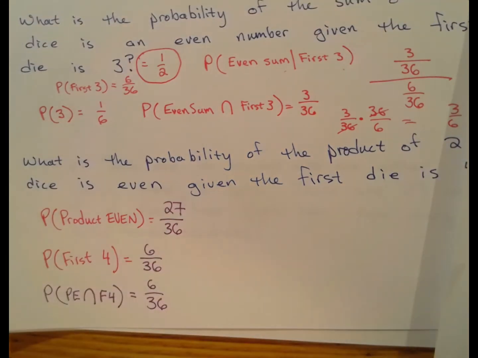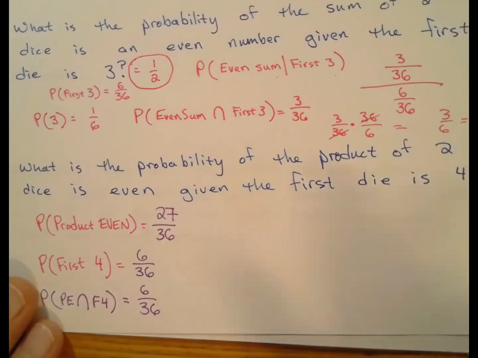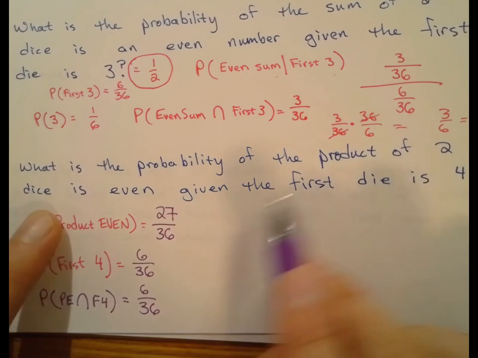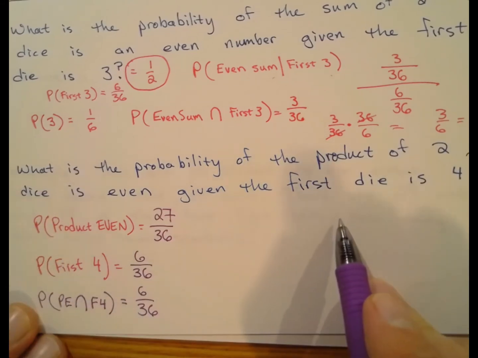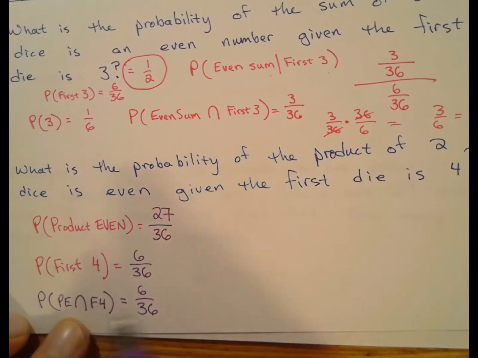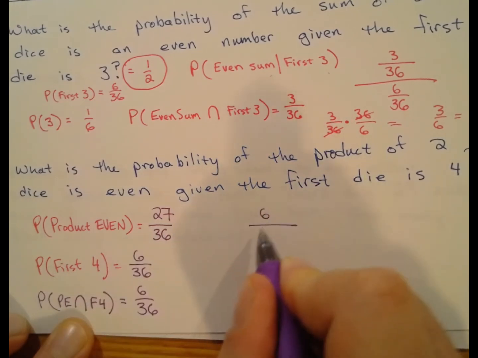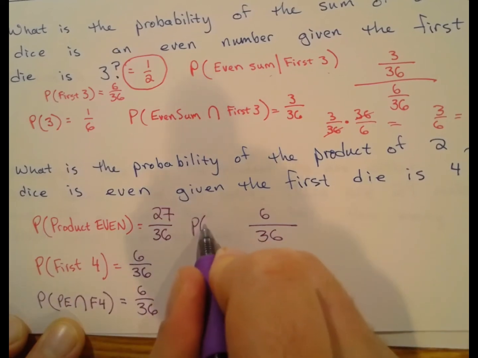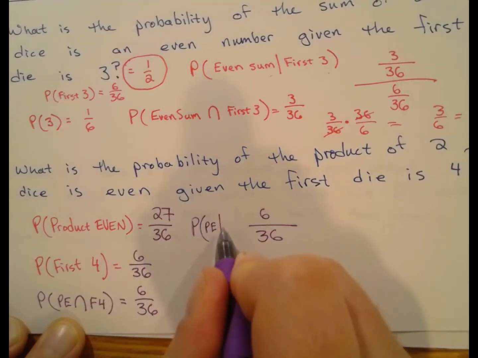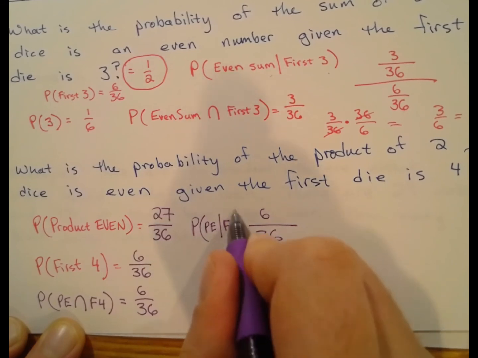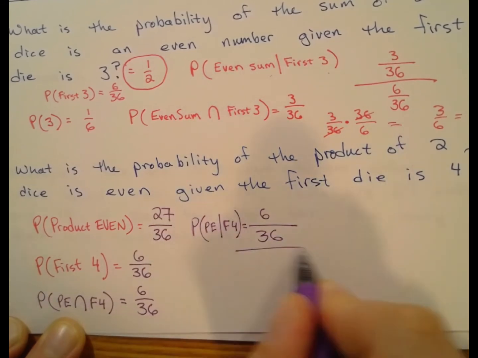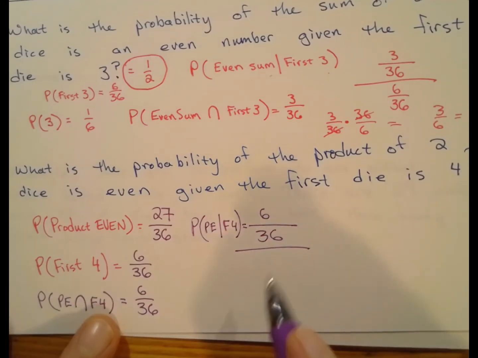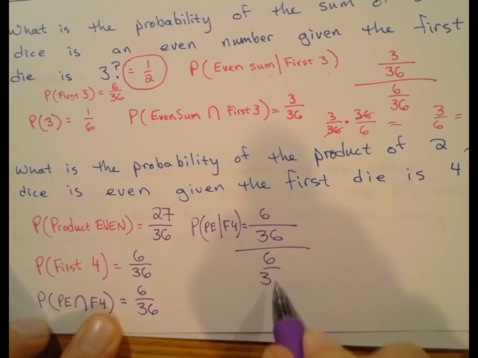Okay, and now the probability that the product of the two dice is even, given that the first die is 4. We put the intersection in the numerator, so it's 6 over 36, all over the probability that the first die is 4, which is 6 over 36.